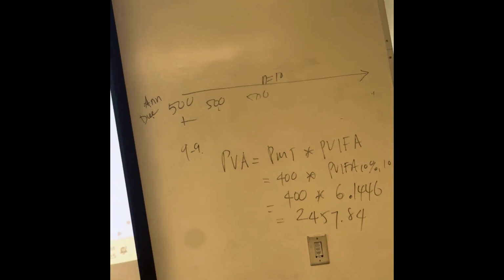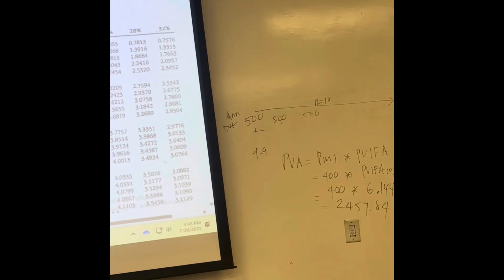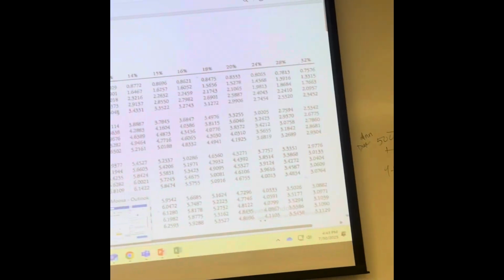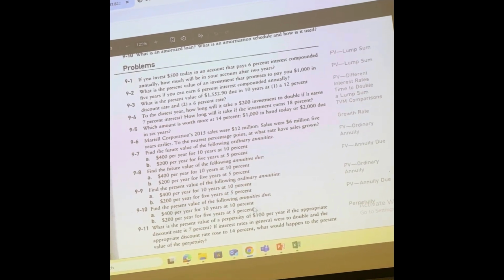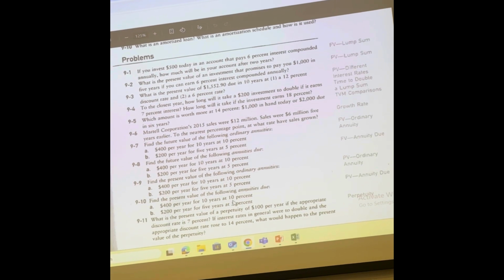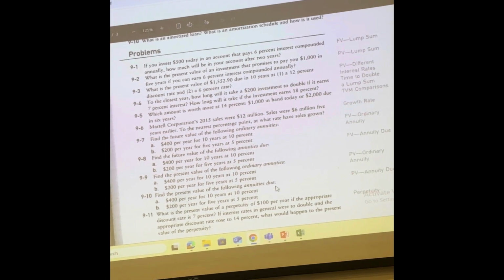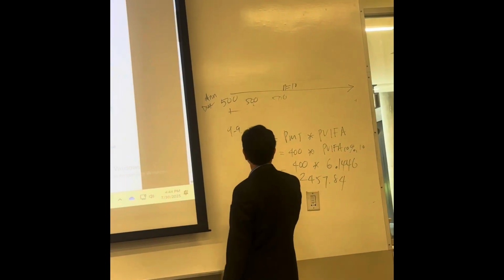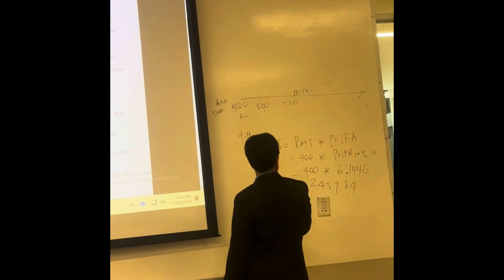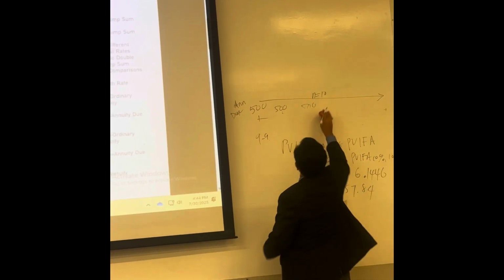And for annuity due, I think question 910, it says find the present value of the following annuity due. Same question, $400 per year at 10% for 10 years, annuity due. And the formula for annuity due is very similar to the future value annuity problem. I'm going to do it here.